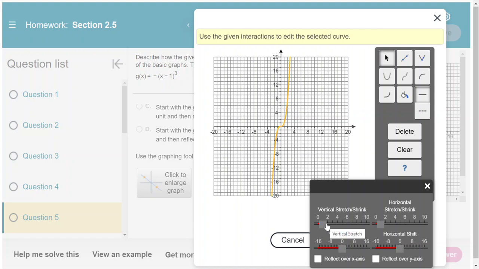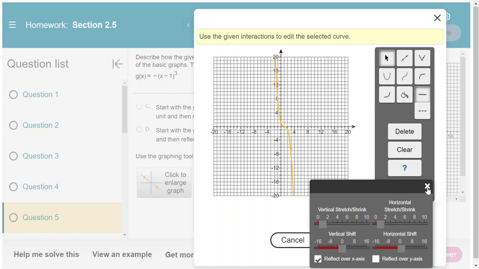So in this case here, we have a reflection over the x-axis. I always do my reflection first. So notice it's been reflected. And then horizontally, remember we're shifting 1 to the right. And so here we want to go to the right 1. And so that's what our graph looks like.